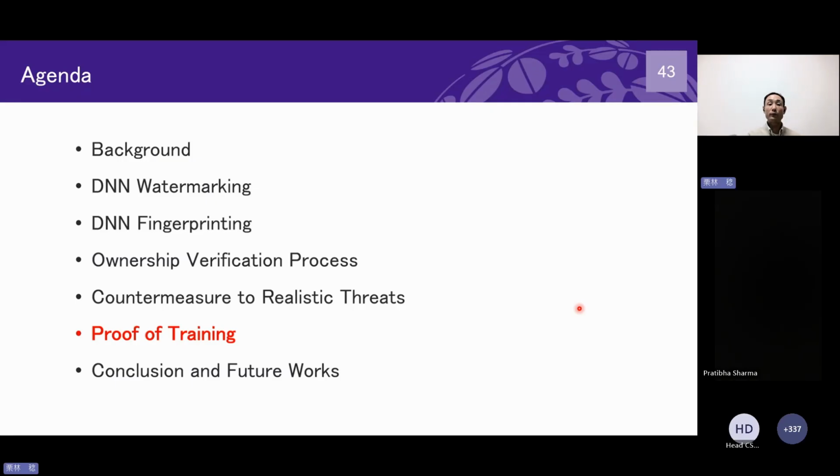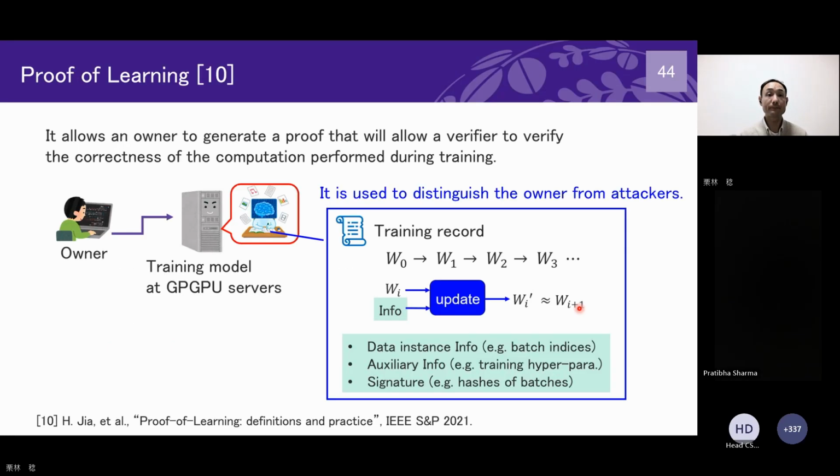It is a kind of proof of learning. So this is the idea of deep learning proof. The owner will train the model on GPU servers, and during the training, the training records are stored so that the owner can make a claim afterward.